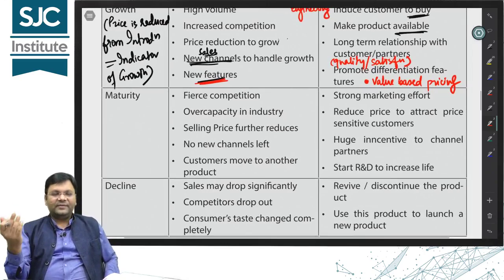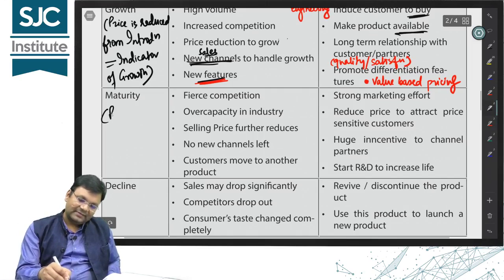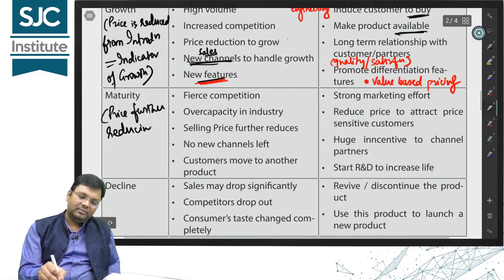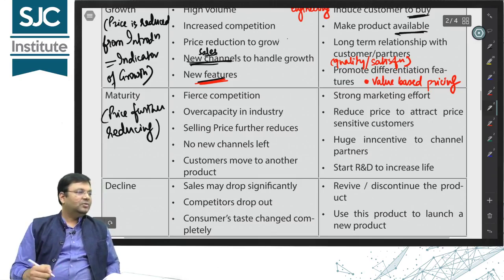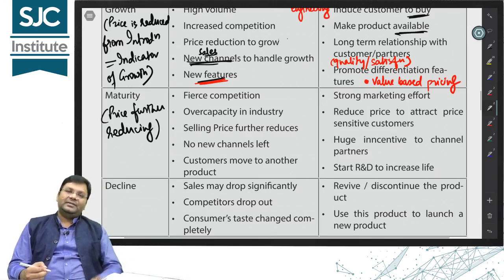Next is the maturity phase. How do you get to know that you have entered the maturity phase? Price further reduces from growth. That means the product is shifting to the maturity phase. You can just Google any iPhone model and see its price variation since launch.